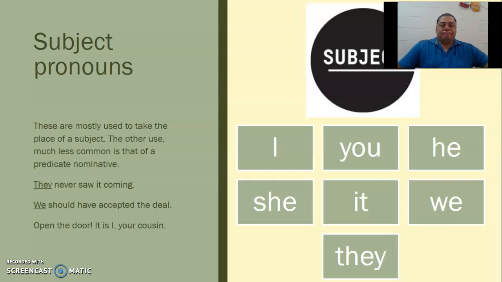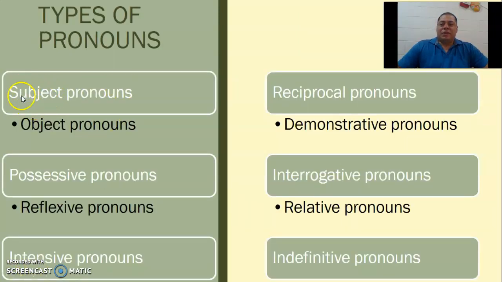And using any other kind of pronoun as the subject is sometimes possible, but not an object pronoun. See, an object pronoun, let's go back. Here we have subject pronouns. They act as subjects. That's it.